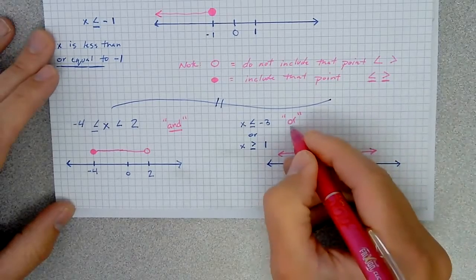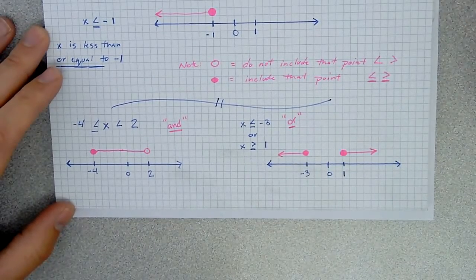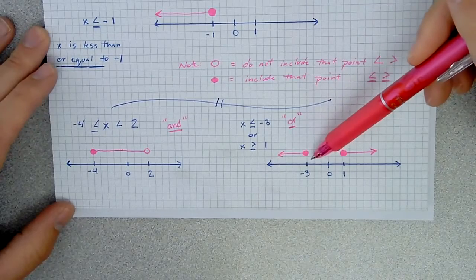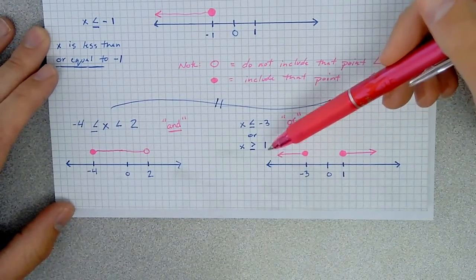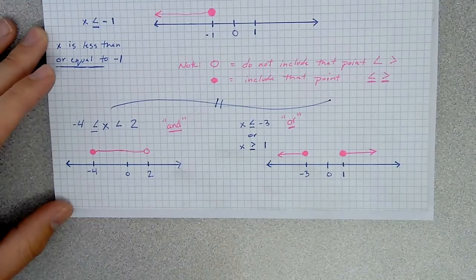Okay, and this is, again, sometimes referred to as an or inequality, right? Because the number could be less than -3, or it could be greater than 1, and it would fit in there.